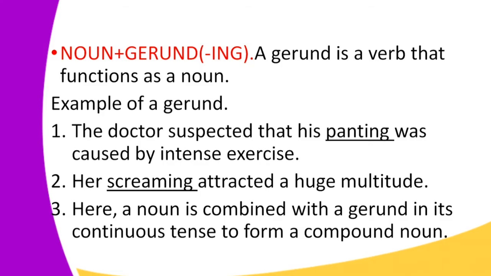Let's look at these examples. Number 1. We know that panting is a verb. In this sentence, this word, formed from a verb in its continuous form, is functioning as a noun.